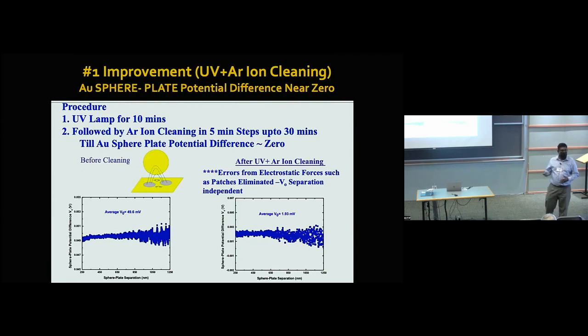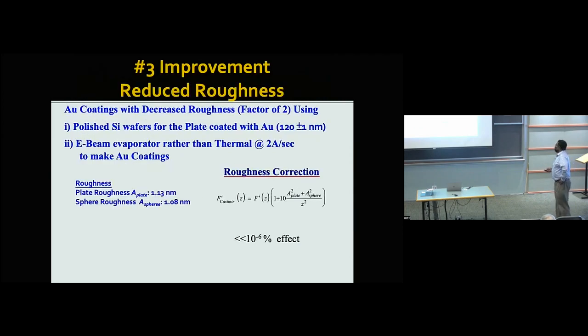Once you do the cleaning, you can get it flat and the potential difference to be almost zero. You can eliminate all the electrostatic effects and make it negligible. So that's one advantage you get from these kind of cleaning procedures. Okay, and the roughness I told you, it's already very small. We were able to reduce it by another factor of 2.